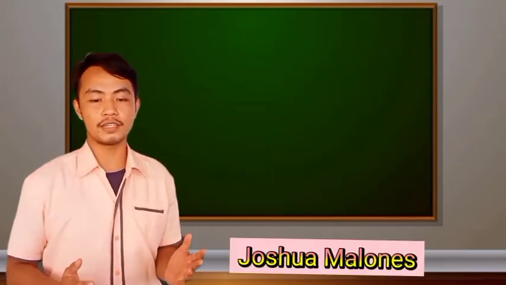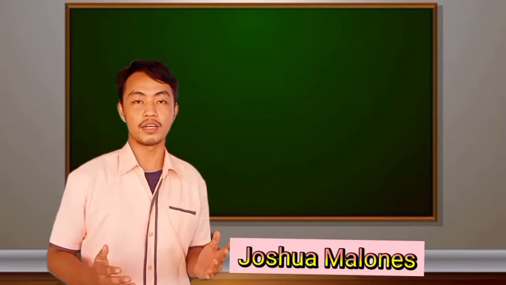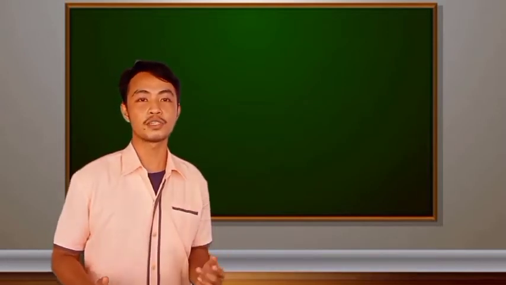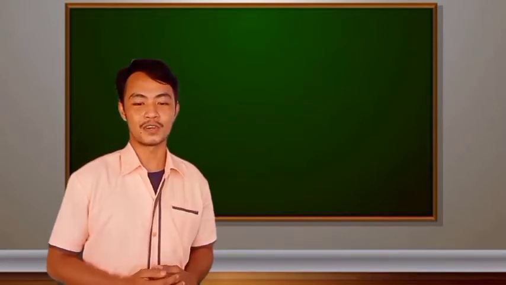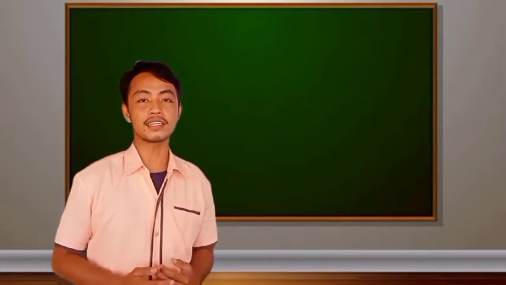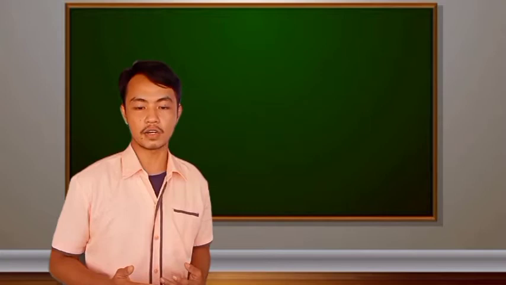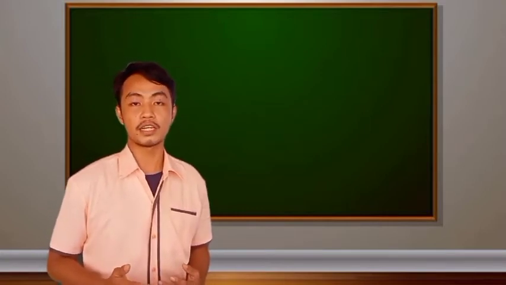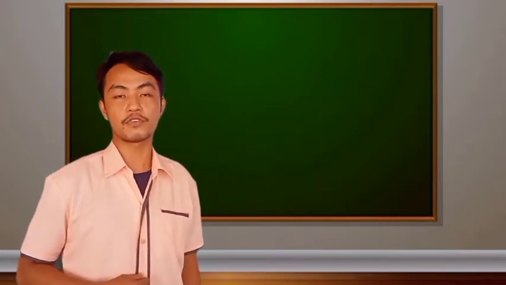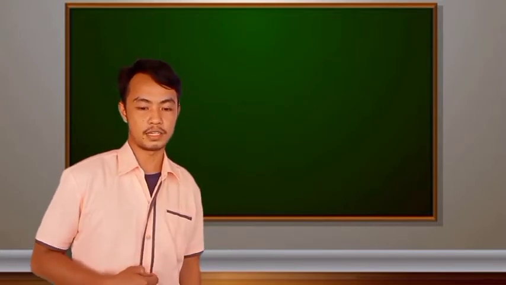So based on our activity, what do you think will be our lesson for today? Mr. Sibuko. Okay? So exactly. Our lesson for today is about comets, meteors, and asteroids. But before we start the discussion, let us read first our objectives.